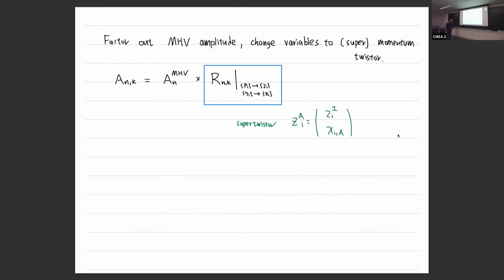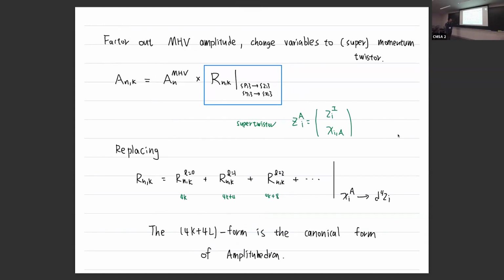Now we change the variable to the momentum twistor and factor out the MHV amplitude, which takes the Grassmann degree 8. The eta_i is also changed to chi_i, the fermionic part of the super twistor.